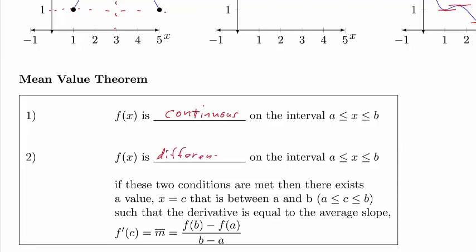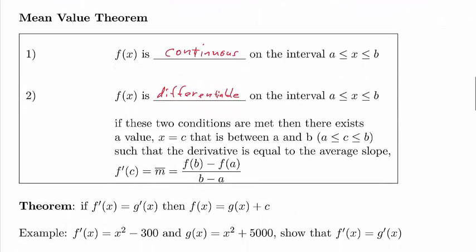Note that the conditions are very similar, but they are slightly relaxed. We don't have that third condition. F of a and f of b do not have to be equal to each other. So this theorem is a little bit more flexible for that reason.